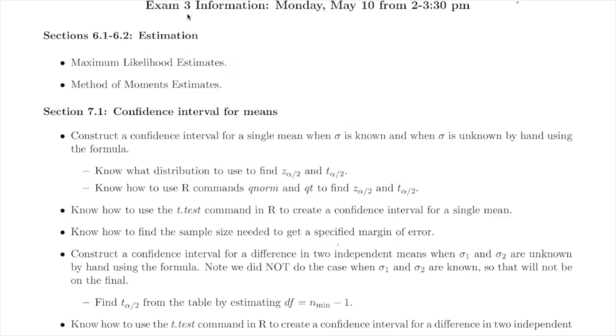That stuff will not be on the exam. So the exam is going to be on the first 2 sections. Section 6.1 was the MLE, and section 6.2 was the method of moments. And the properties of estimators, that was in section 6.3. Again, that's not on the exam.